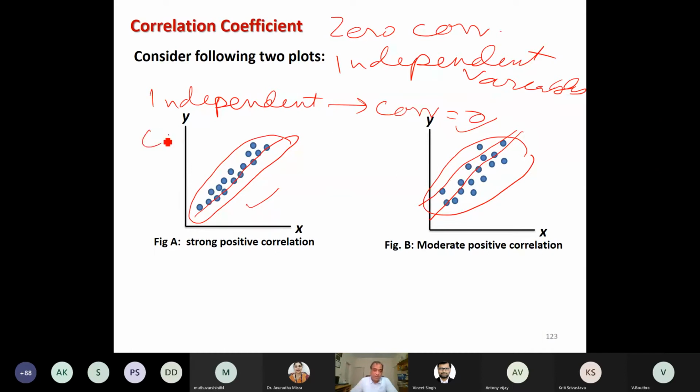But on the other hand, if the correlation is equal to zero, this does not imply that the two variables are independent. Why? Because those variables may have a relationship like this one, a non-linear relationship. Since the correlation coefficient measures the degree of linear relationship, in this case the degree of linear relationship is zero, so the correlation coefficient will be zero, but it doesn't mean that the two variables are independent. They have some non-linear relationship, right?